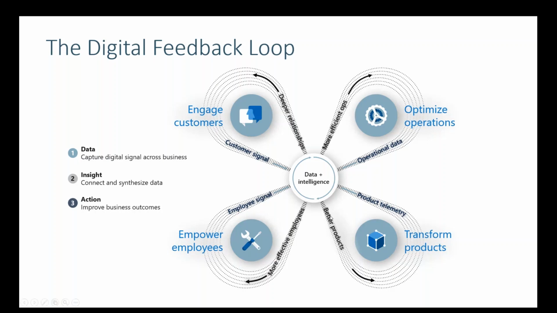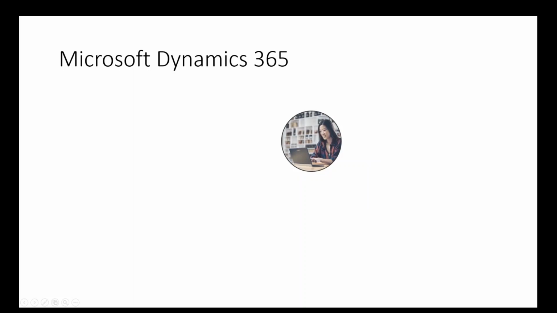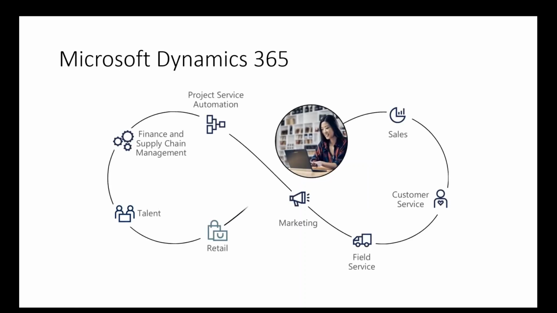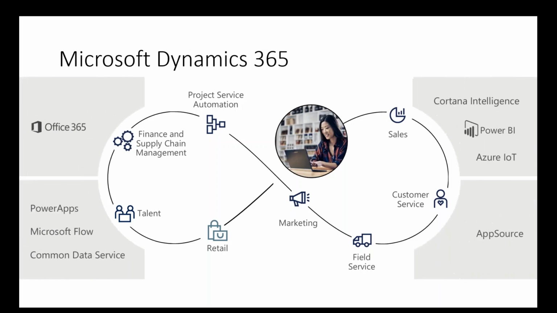And more specifically here, if we go over to the Dynamics 365 slide, remember that each of these particular areas are applications that we can add into the solution. And this is an older slide, but it still resonates, meaning that we have project service automation, finance and supply chain management, Power BI, AppSource, Office 365.